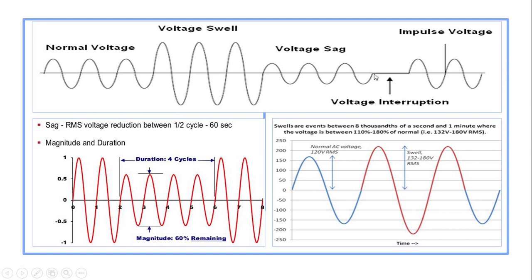Voltage interruption is the complete disconnection of the load. And this is the spike, also known as impulse voltage. It is again the example of voltage sag, and this is the example of voltage swell.